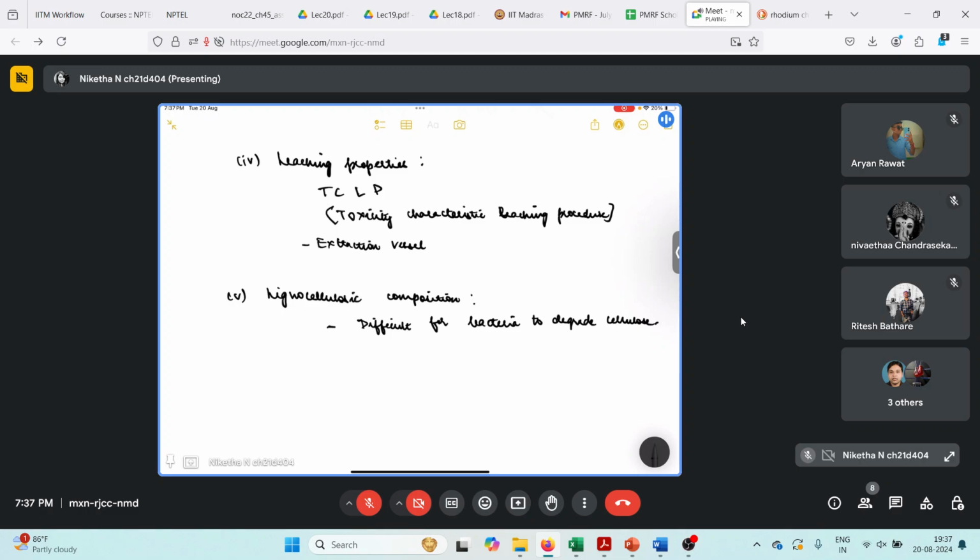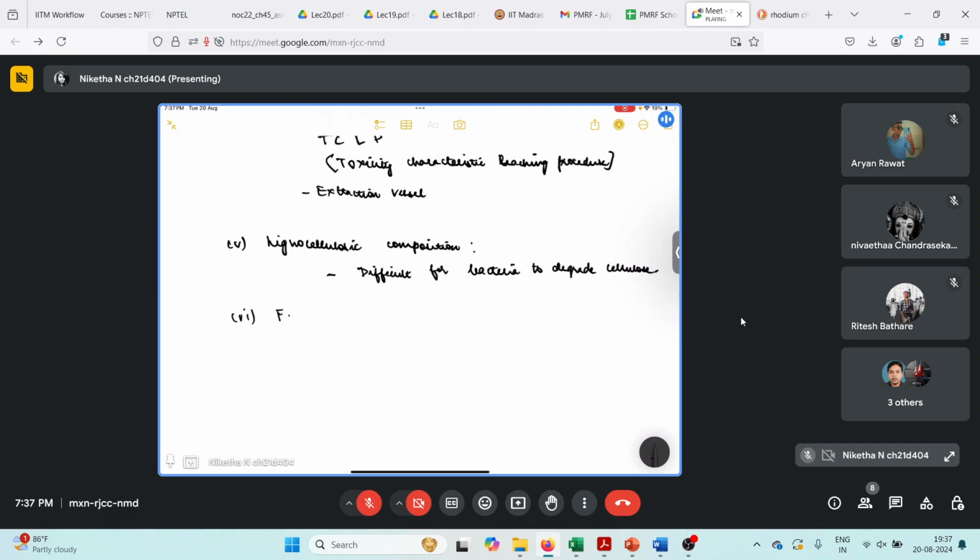That is why we have to determine how much is the cellulose content of the waste. And then we can determine if that is suitable for biodegradation or some other method, etc.